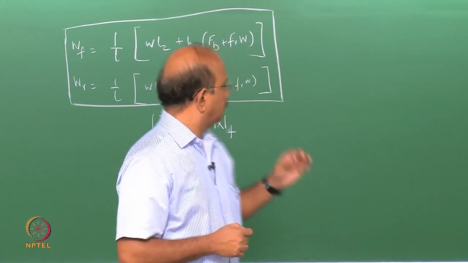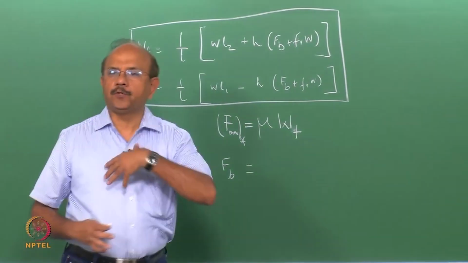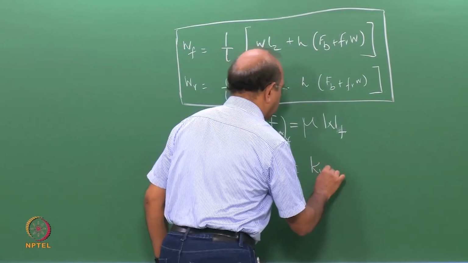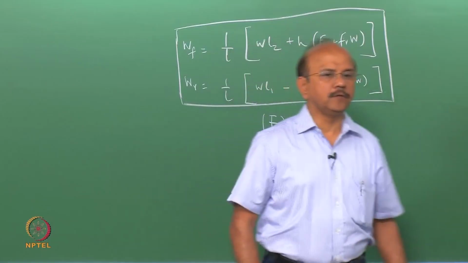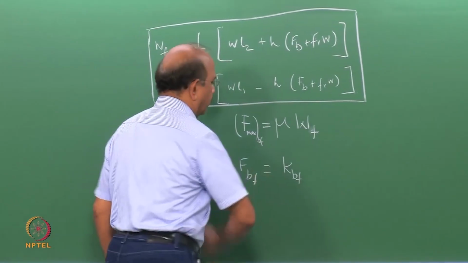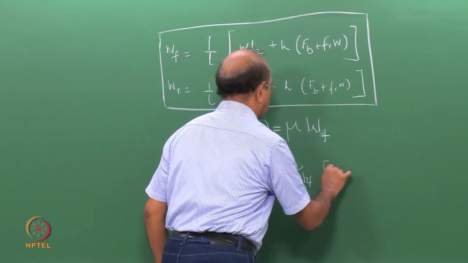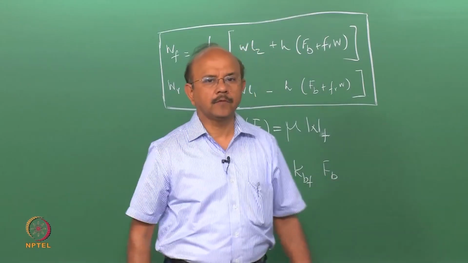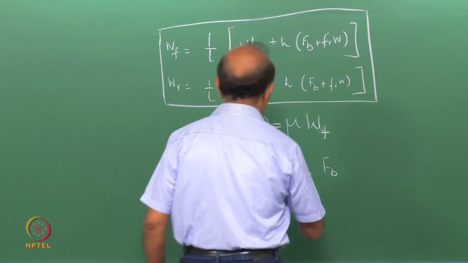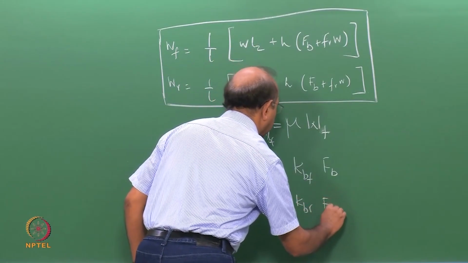So the total braking force is now distributed between the front and the rear, and let us call the fraction of the braking force distributed to the front KBF, so that the braking force in the front is KBF into FB. In the same fashion, the braking force at the rear is KBR into FB.